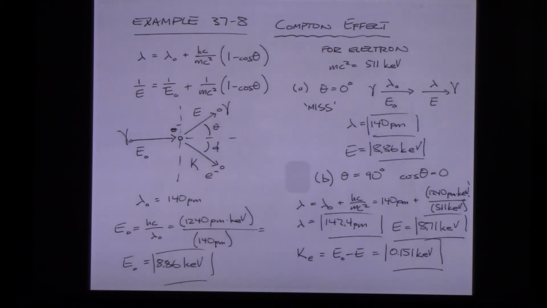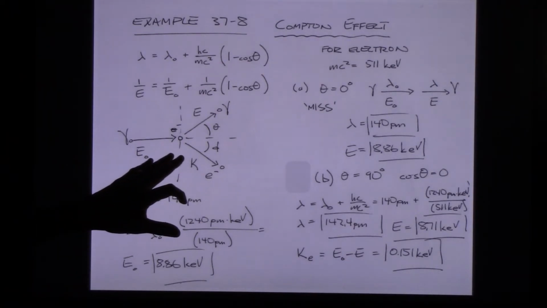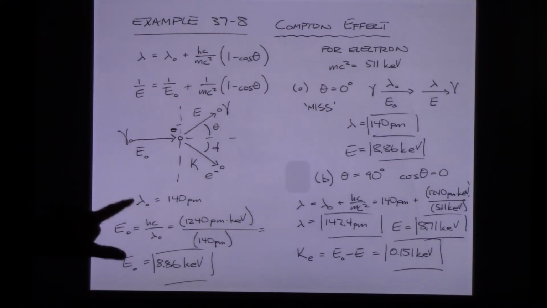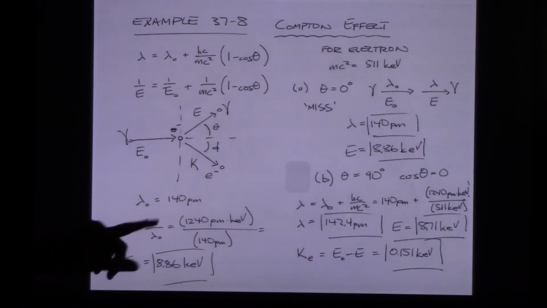So let's try this. Now, here are the 2 formulas that we derived. We derived the energy formula, and then we converted that into wavelengths. Here's what the general picture looked like. Now, in this problem, we are sending in photons with a wavelength of 140 picometers.